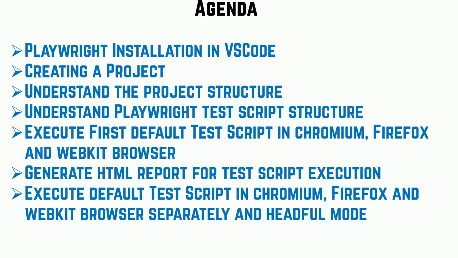Initially, all the execution will happen in all three browsers in headless mode, where you will not be able to see the UI during execution, but still you can change that headless to headful mode. Apart from that, in case you want to execute your test script in Chromium, Firefox and WebKit browsers separately, you can also do it. So I will cover that also in today's session. So let's start with today's session.